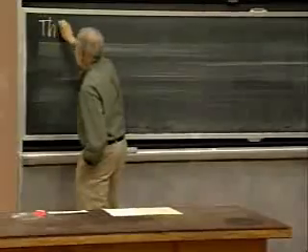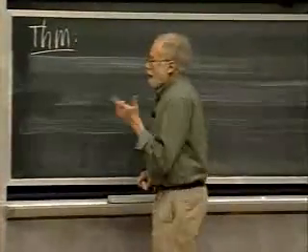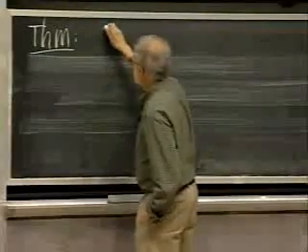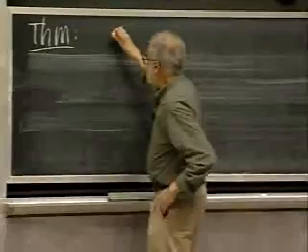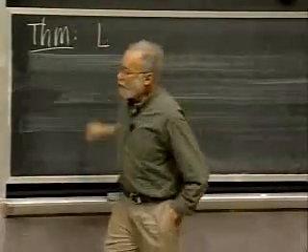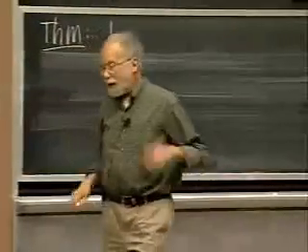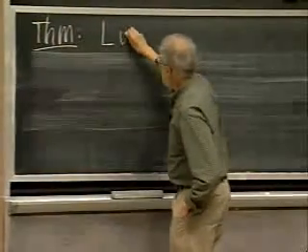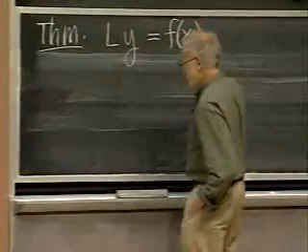So the main theorem is about solving the inhomogeneous equation. I'm going to make the left-hand side a linear operator, and write the equation as Ly equals f of x.